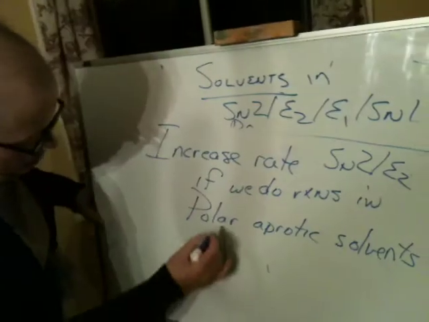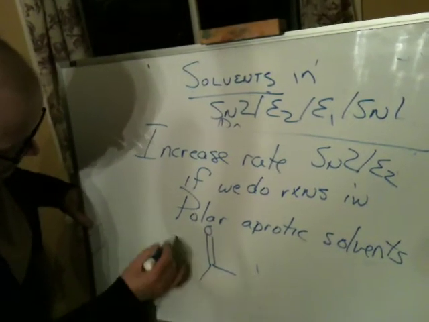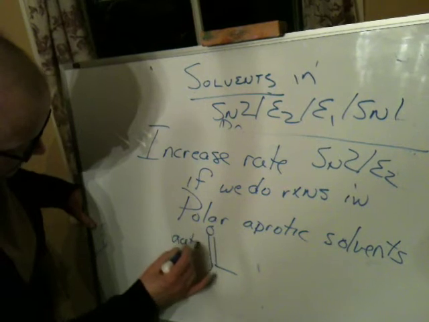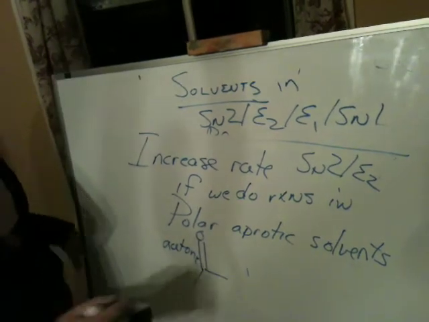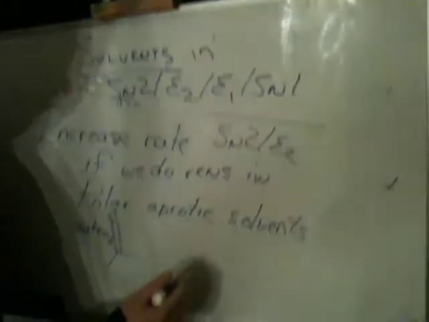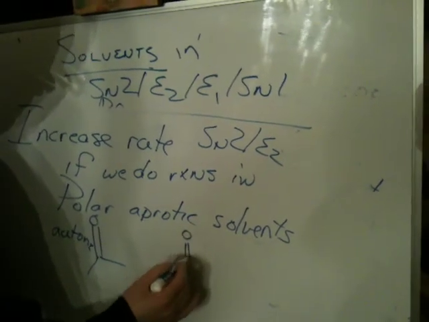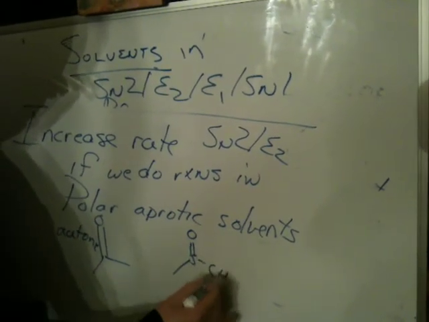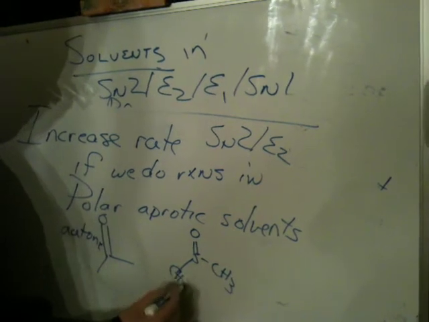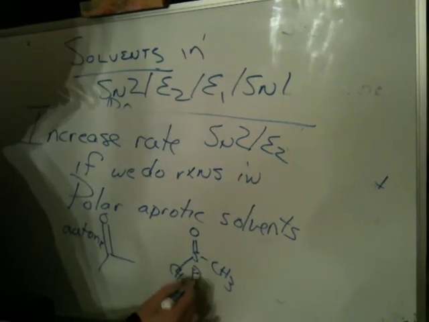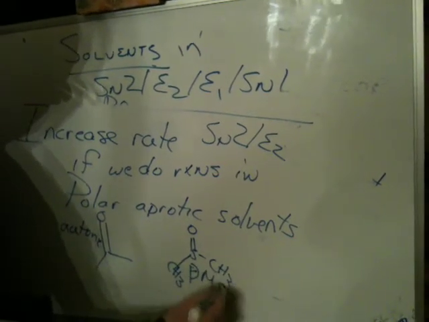So what are some examples of polar aprotic solvents? One example is this, which is acetone. I've been using this in class a lot. Another polar aprotic solvent is this one, which is called DMSO. DMSO stands for dimethyl sulfoxide.